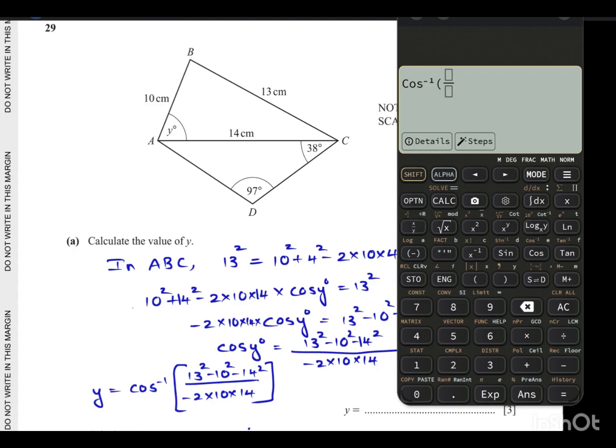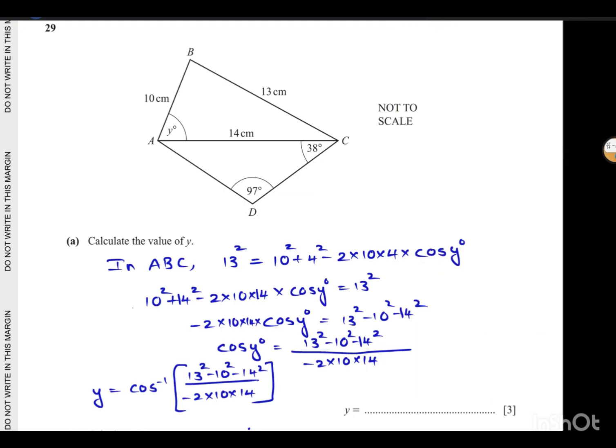Cos inverse of 13 square minus 10 square minus 14 square by minus 2 into 10 into 14. So it is 63.026. We can write it as 63.03 degrees. This is the angle we get. Question number A is done.